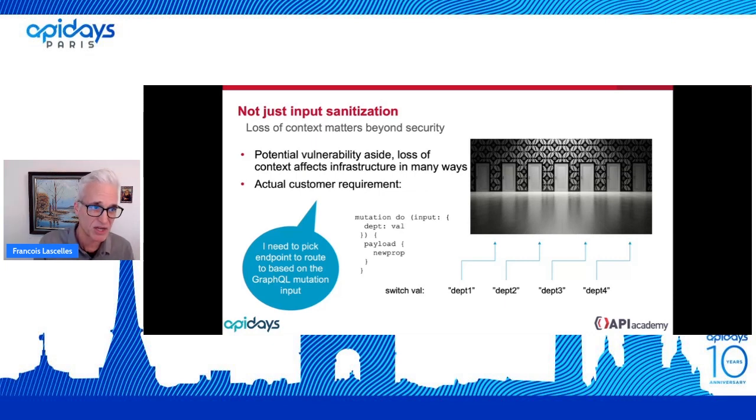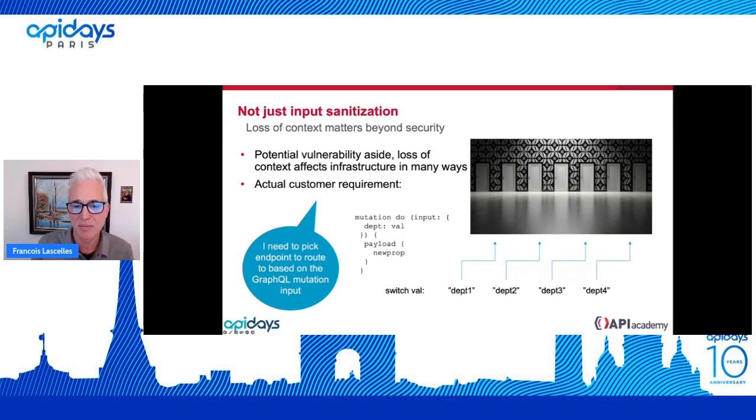If you put the potential vulnerability aside, the loss of context affects infrastructure in different ways. And here's the actual customer requirement that came to us recently, right? A customer says, I need to pick an endpoint to route to based on the GraphQL mutation input. So they have a department value that comes into the mutation, and that's because of the way that their application works. Those parameters are inline of the GraphQL mutation itself.